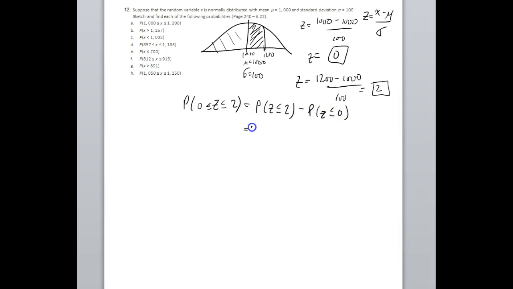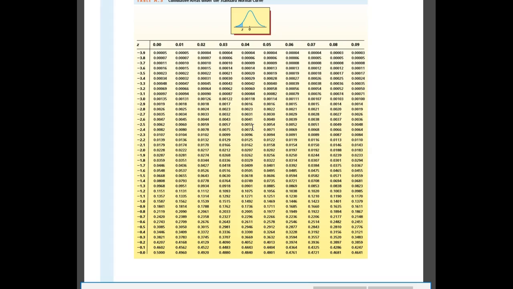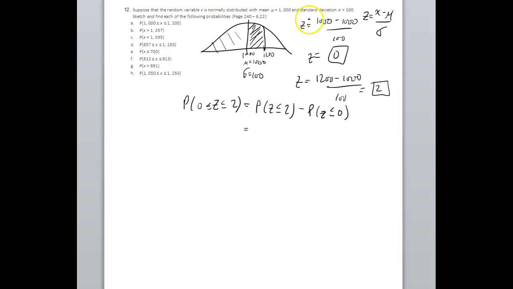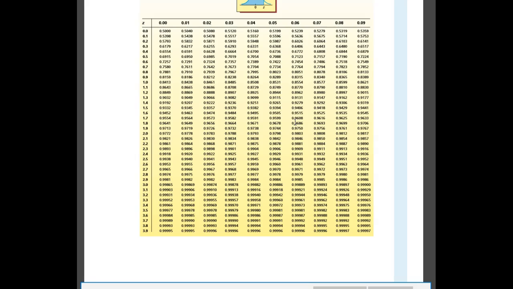Okay, so we just go to our table. We want to find the z-score of 2 and find the cumulative probability of that. So we go down to 2, and we don't have any trailing decimals, so just 2.0. That's 0.9772. And then we find the probability that z is less than 0.